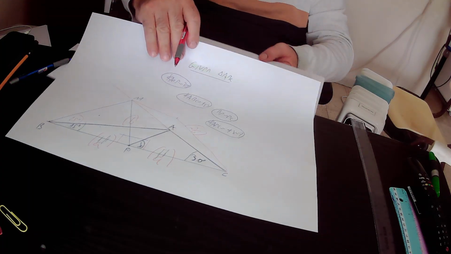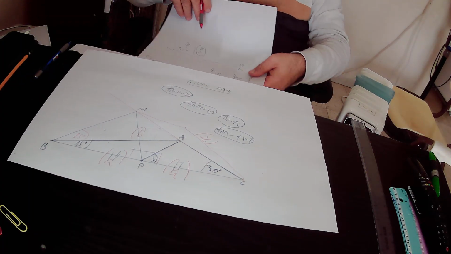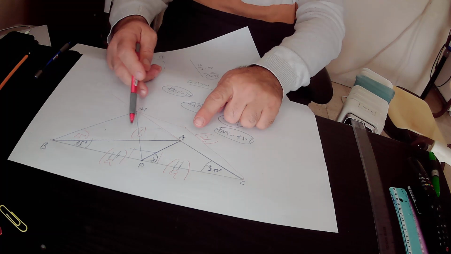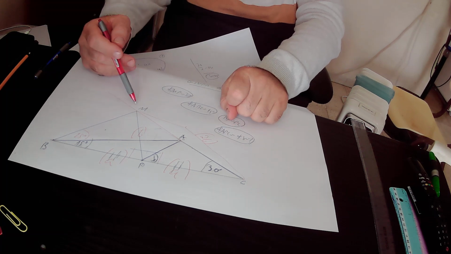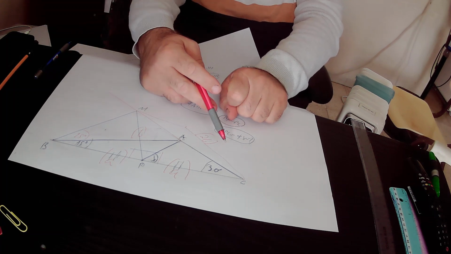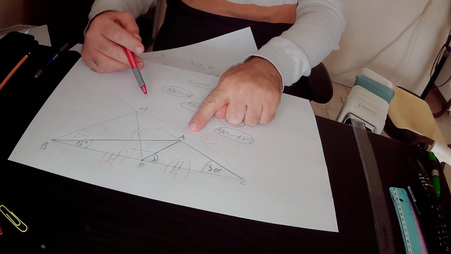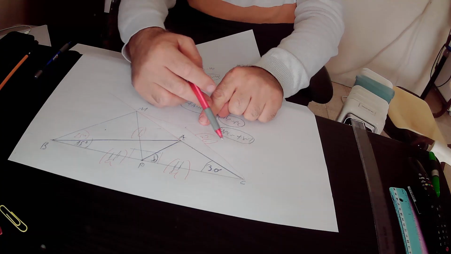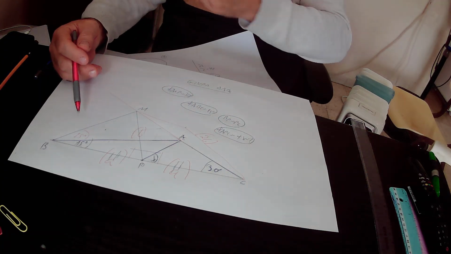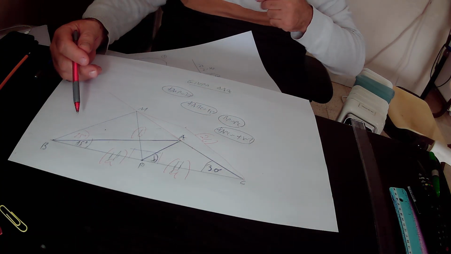Okay, so we have already found out that AB is the angle bisector of angle MBC in this triangle MBC. Again, AB is the angle bisector of angle MBC in this big triangle, triangle MBC. So we can implement here Rule 19.